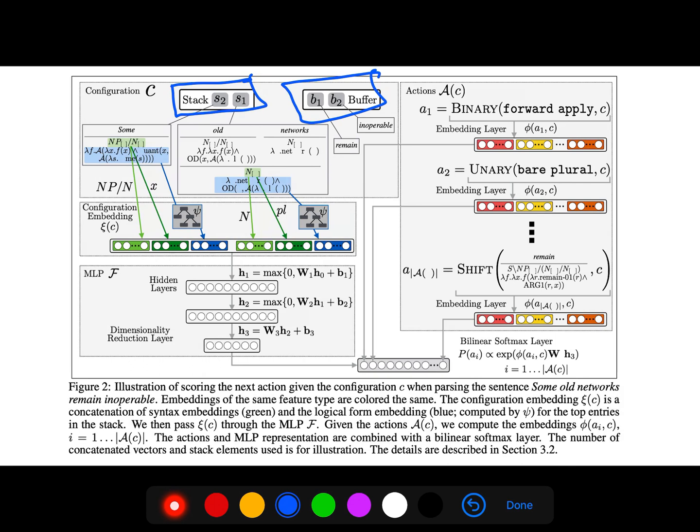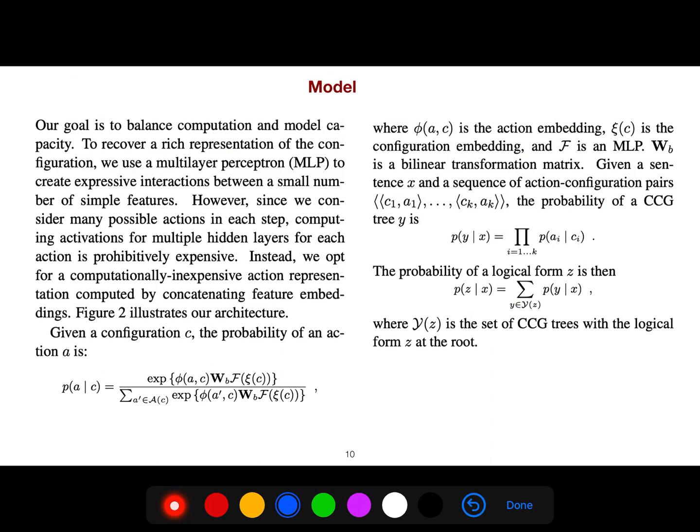So we represent them, and then you say what is the probability of one action. So what is the probability of an action given the configuration? Because we are creating a tree, so these are configurations.